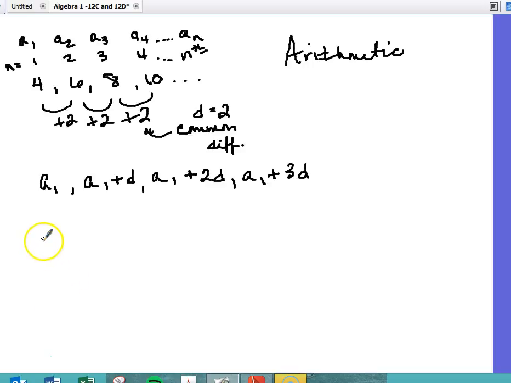So when we write a formula for the nth term, we say this would be A sub 1 plus the common difference, 1 less than the number that we are on. If I'm on the fourth term, I've only added it 3 times. If I'm on the third term, I've added that difference 2 times. So I've added that common difference n minus 1 times.